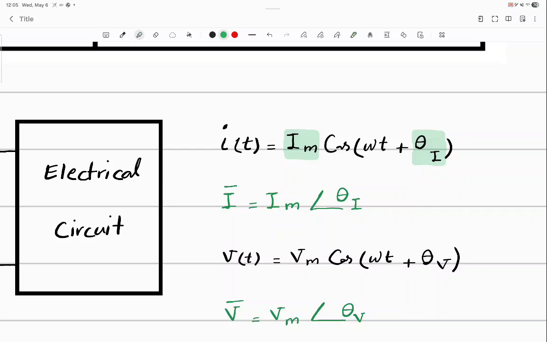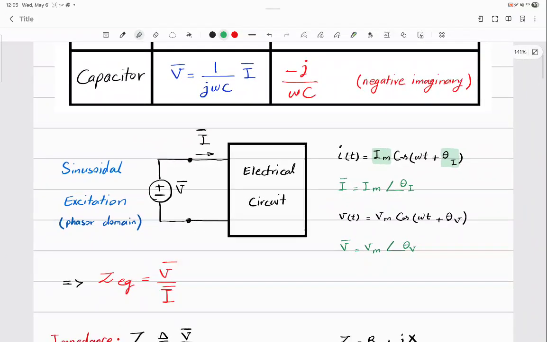Phasor is defined based on cosine. If you remember, for an electrical circuit, we were able to talk about input resistance. Now, that was for DC circuits or time domain circuits. Now, for sinusoidal excitation in phasor domain, we have equivalent impedance or input impedance. So everything that we talked about for time domain and DC circuits can be upgraded to phasor domain.